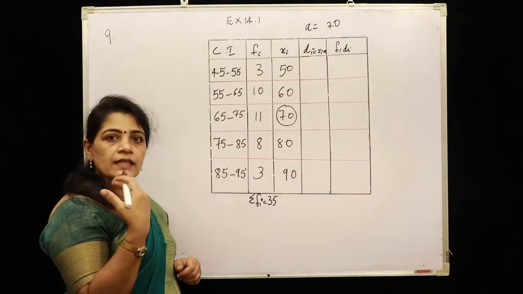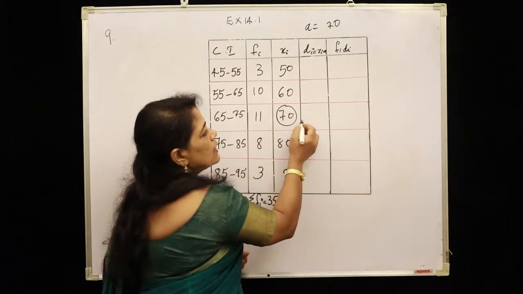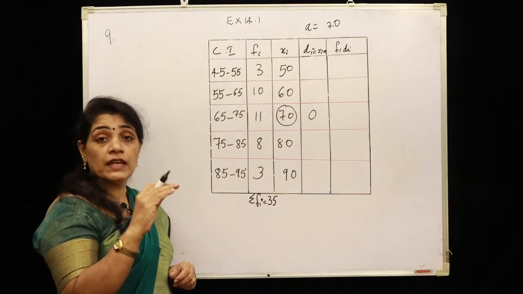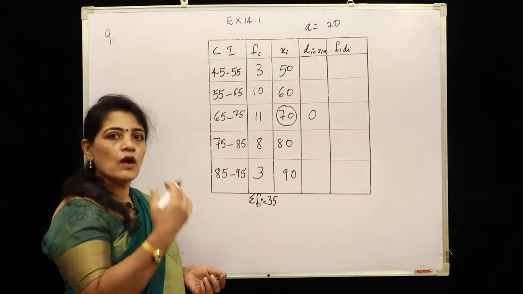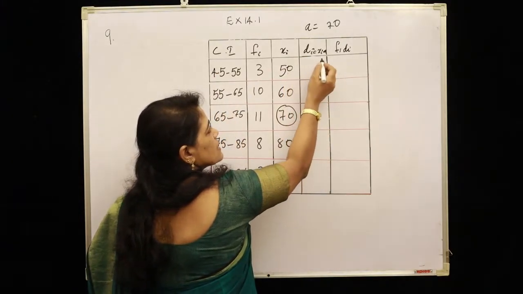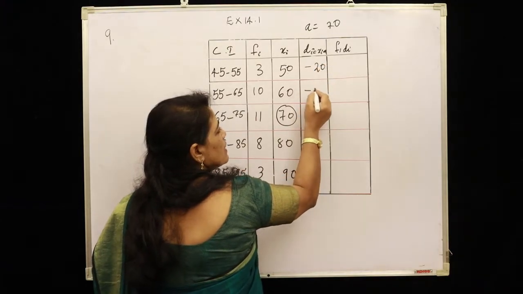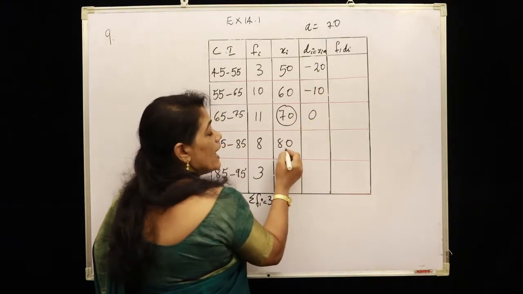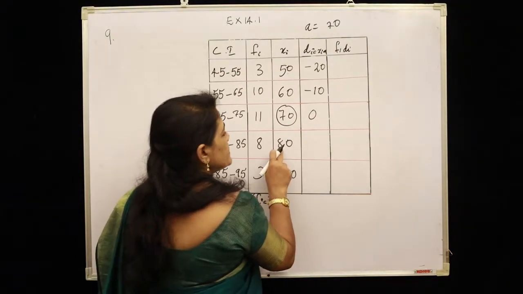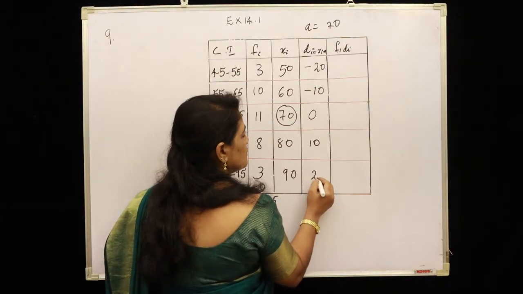So we are going to take the deviation, that is xi minus a. The entry corresponding to 70 in the di column is 0, 70 minus 70 is 0 itself. All the entries above the 0 are negative, that is 50 minus 70 is negative 20, 60 minus 70 is negative 10. Then for 80 we get positive values: 80 minus 70 is 10 and 90 minus 70 is 20.